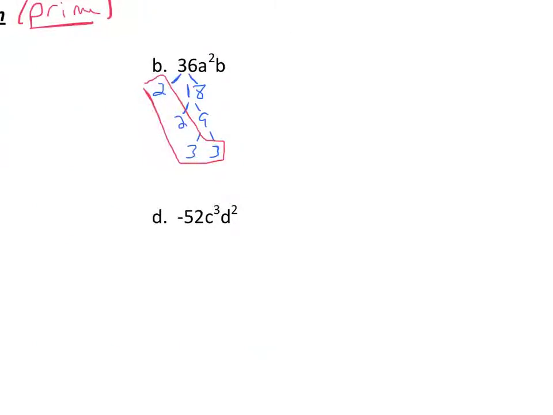Those are the prime factors. So we would write that as 2 times 2 times 3 times 3, and then we would write our variables like we did before. A squared means there's 2 of them, and there's only one b, and a monomial is considered factored there.